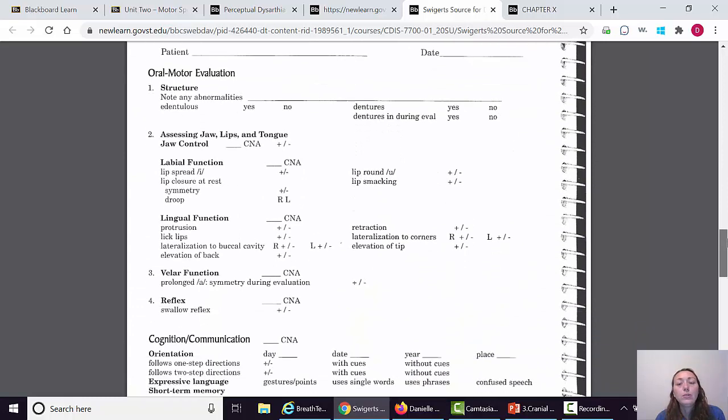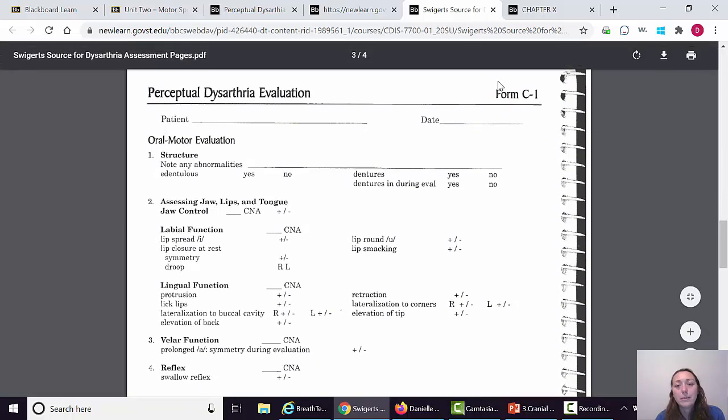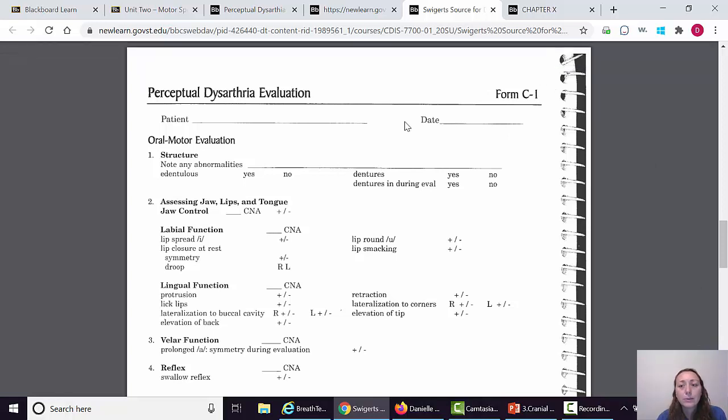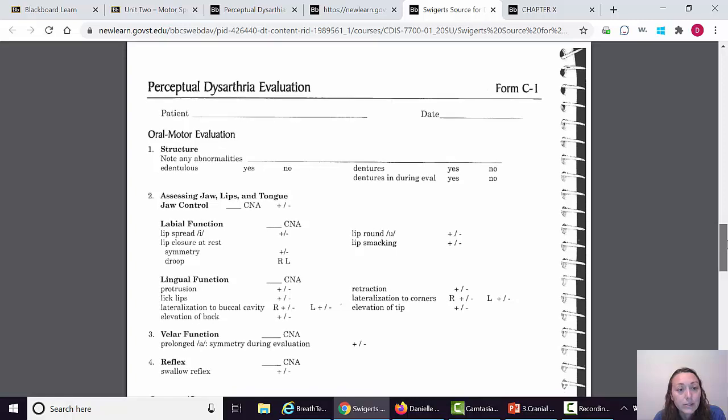So again, this is form C1, this is the page, and I'm going to pull up the 30-page one in just a second. I'm not saying this is a perfect informal evaluation, but of what's published out there, this is probably the most user-friendly for a clinician. So when you're doing your Unit 2 project, you're not just going to copy and paste and say, oh, I'm just going to give C1, the perceptual dysarthria evaluation that Swigert did. No, but you can adapt and model and utilize some of these resources.